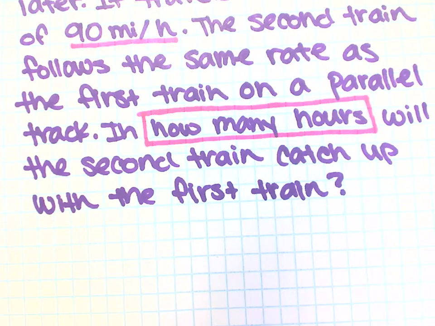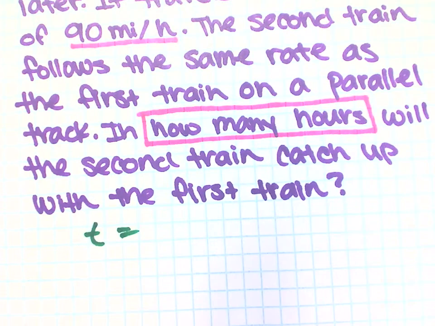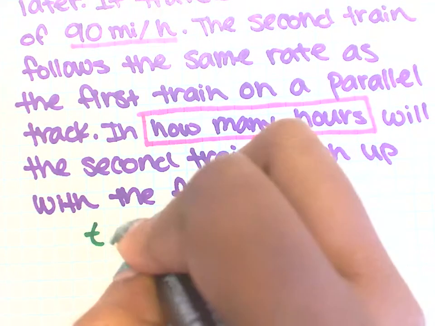Okay, so let's figure out what we're going to use the variable for. Well, we need a variable for the first train. So let's call that T. Is it T for train? All right. So we're going to make T equal the first train.